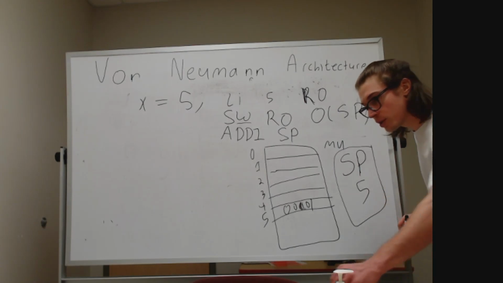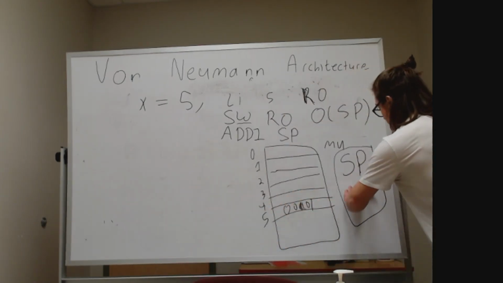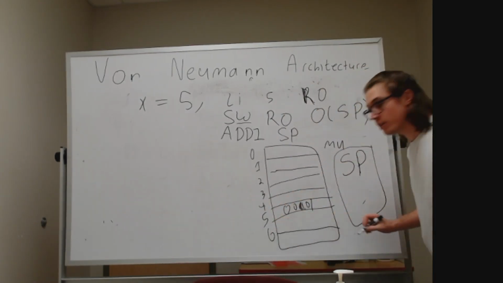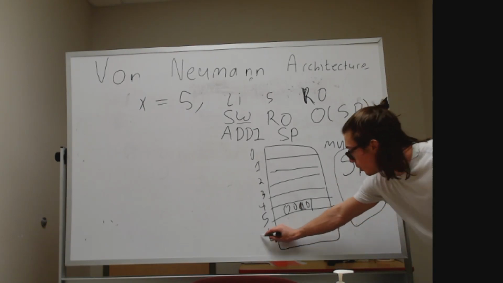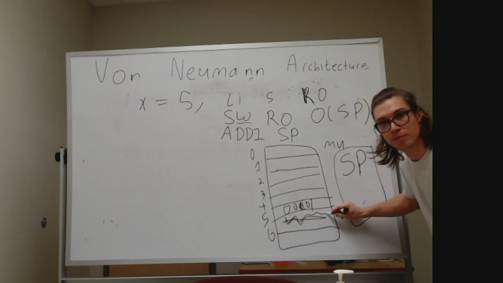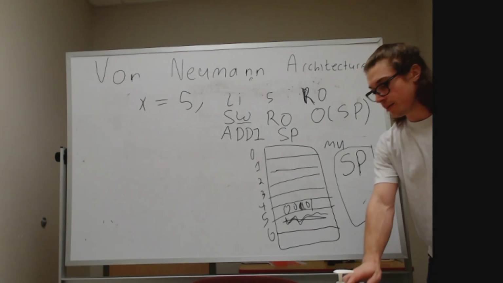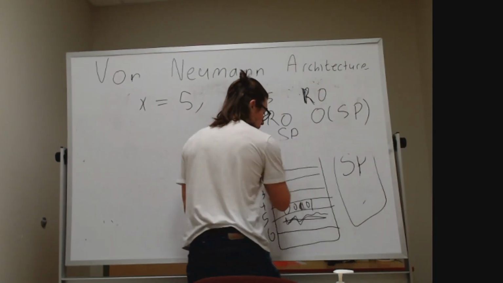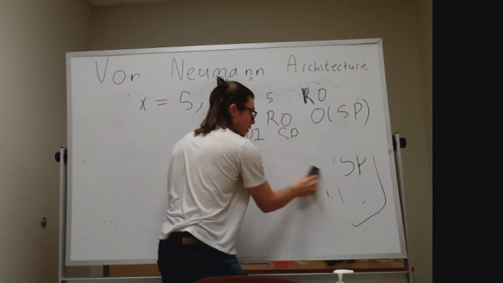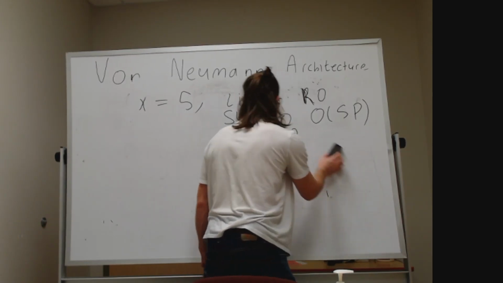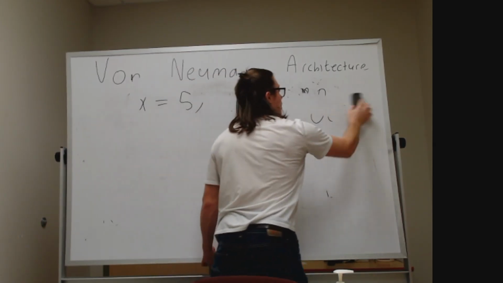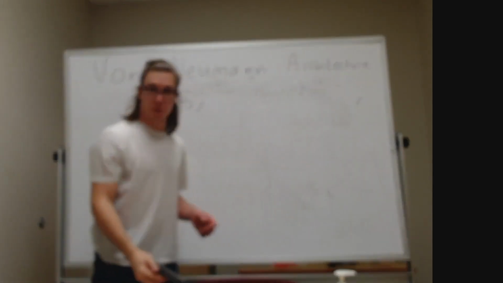So we add 1 to the stack pointer to make it 6, and the next time someone saves directly to the stack pointer, they're going to save in this free memory here. And that's how our higher level languages, at least for a simple expression like that, can get translated down to machine code.